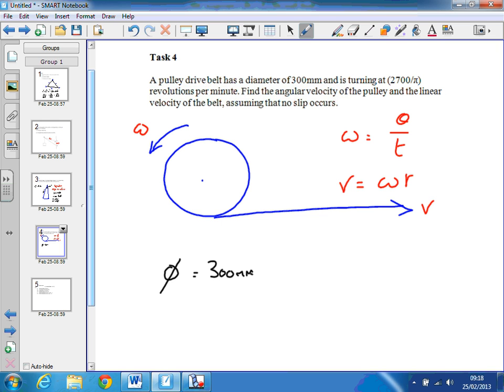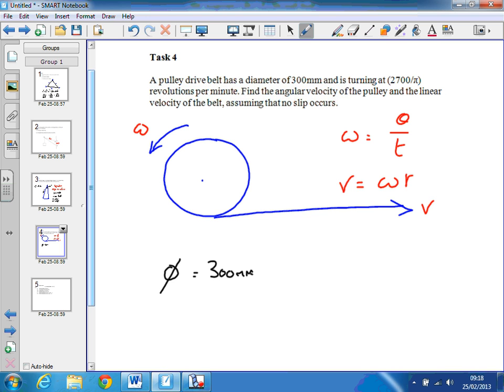Where does it tell me that? I know that 2,700 over pi revolutions per minute is the rate at which it's turning. What's the word for that? RPM is the unit for what quantity? When I talk about RPM, what am I talking about? The rate at which it's rotating, the number of rotations per second, what's the word for that?